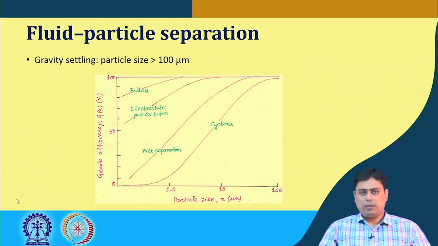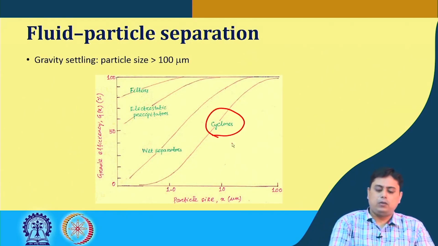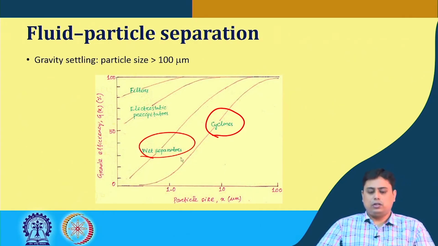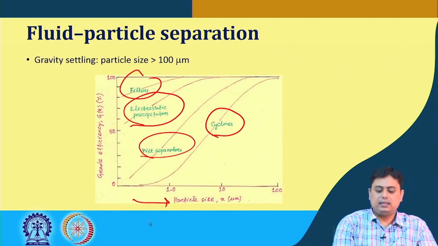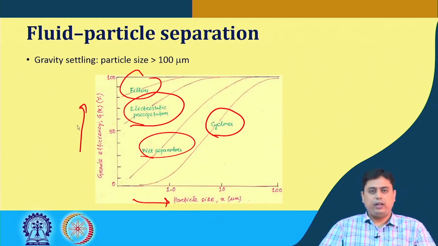These are shown in this schematic graph: the cyclone separator, the wet scrubbing option, electrostatic precipitators, and filters. Here, the x axis is the particle size and the y axis is the efficiency. The word says grade efficiency, we will come to that later, but for the moment consider that this is the efficiency of the equipment.